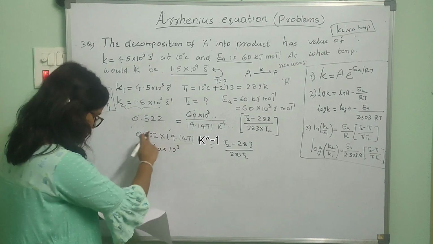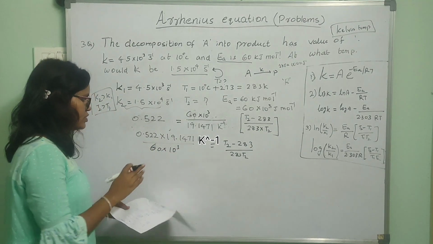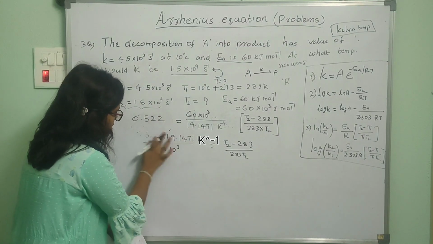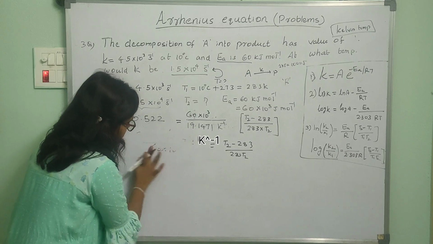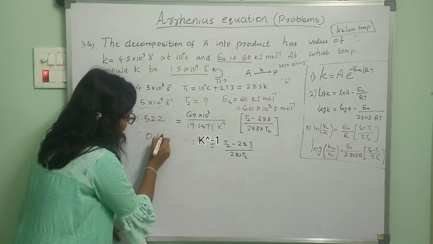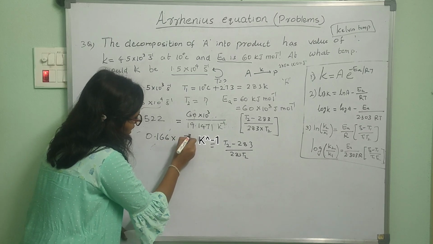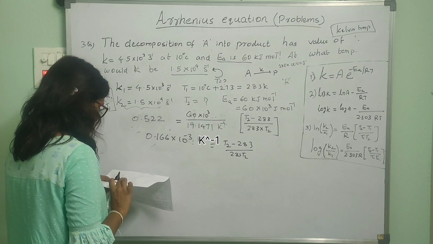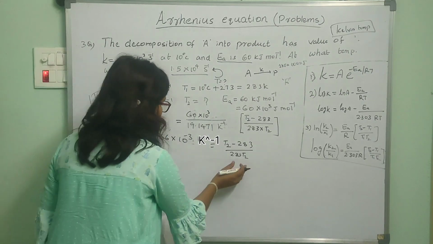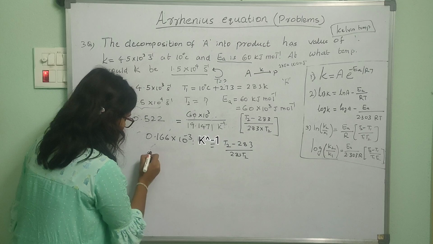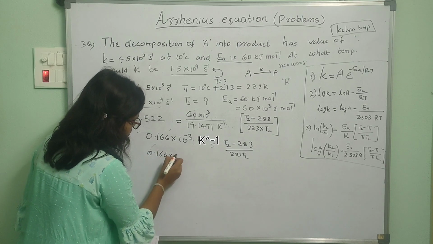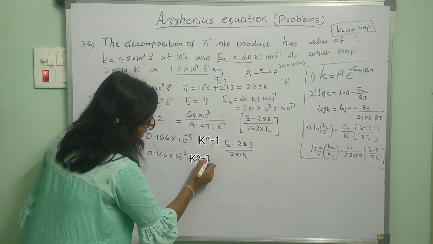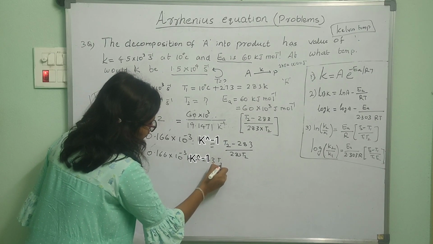So this entire term is 0.166 into 10 power minus 3. Okay, so you can solve this. You will get 0.166 into 10 power minus 3. So I'll take this term on the left hand side, so that becomes 0.166 into 10 power minus 3 Kelvin into 283 T2.